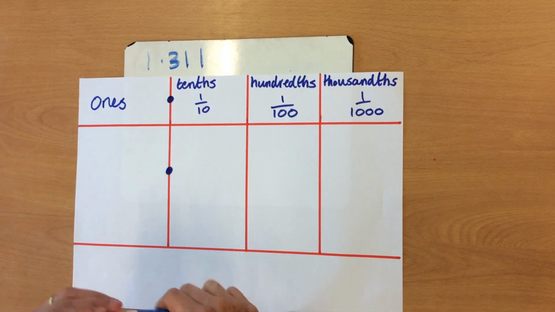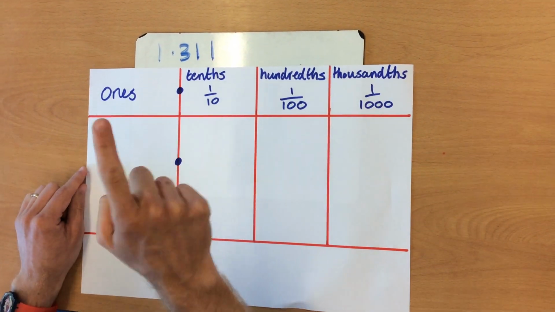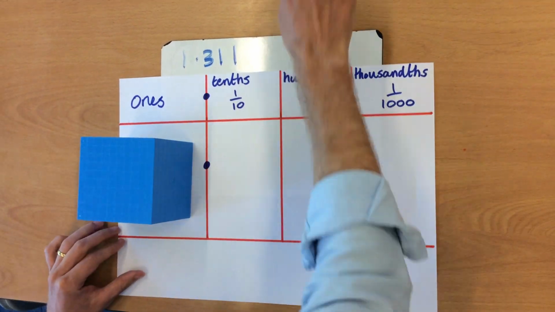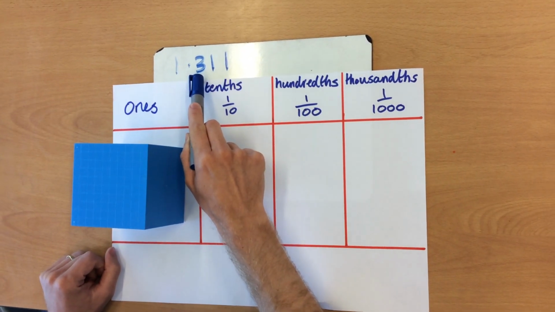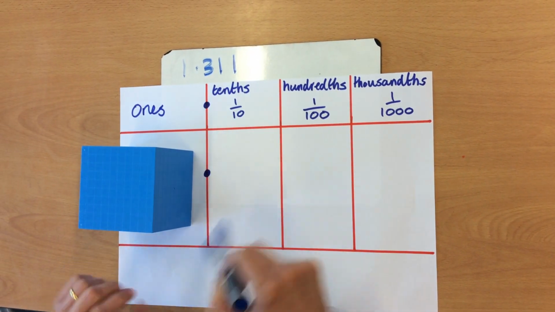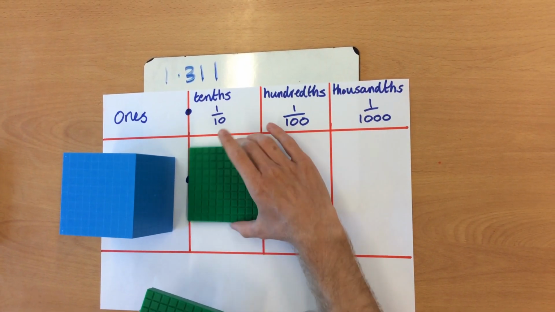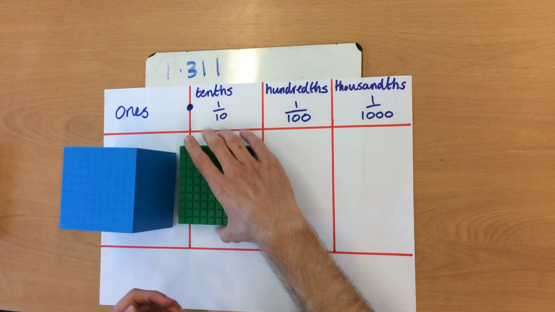So in this decimal 1.311 I have one whole, just one whole. So I've got my big block, there's my 1. My next digit is 3, and that's in the tenths place value. So I need to get 3 tenths, and these are tenths because 10 of these would make one whole. 1, 2, 3 tenths.